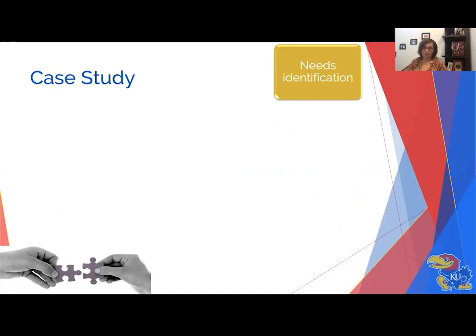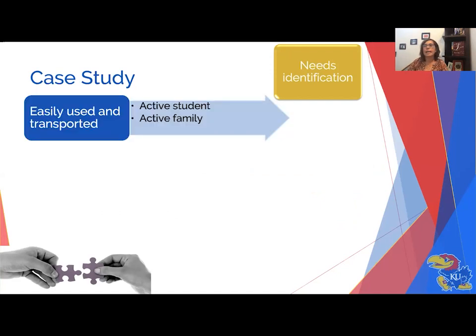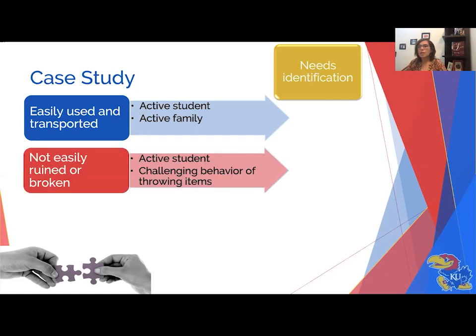So based on assessment, the team did some feature matching. They recognized that Avery needs an AAC system that's easily used and transported because she and her family like to move around a lot. They also need a system that's not easily broken or ruined because, again, Avery is active.